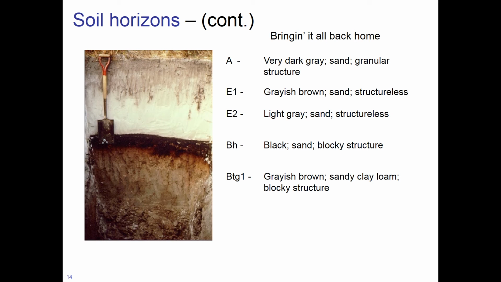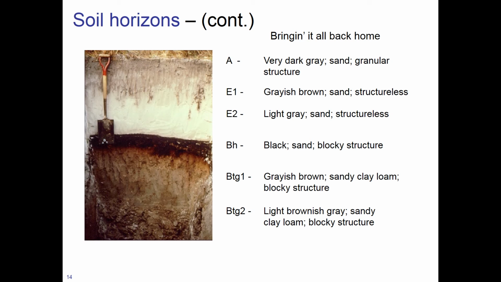And then we have a Btg1, a grayish brown in color, sandy clay loam, blocky structure. And a Btg2, light brownish gray, sandy clay loam, blocky structure. So with a subtle distinction in color, we can subdivide the Btg into a 1 and a 2 vertically.